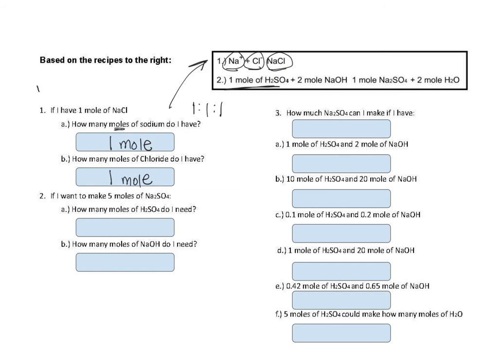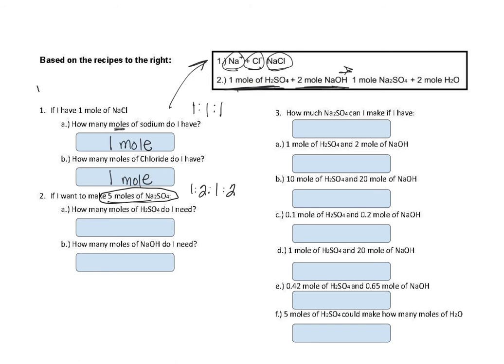Our second reaction says that I have 1 mole of sulfuric acid plus 2 moles of sodium hydroxide. That will give me, that should be an arrow there, 1 mole of sodium sulfate and 2 moles of water. Okay, so if I want to make 5 moles of sodium sulfate, my original recipe was a 1 to 2 to 1 to 2.